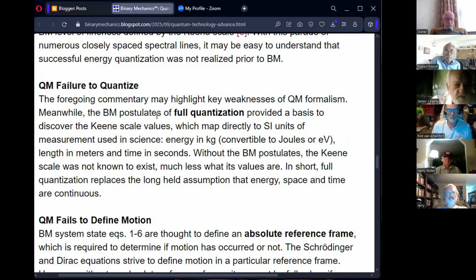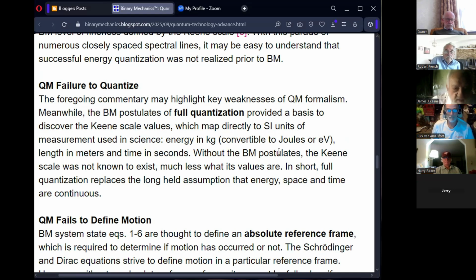Meanwhile, the BM postulates of full quantization provided a basis to discover the Keene scale values, which map directly to the SI units of measurement used in science, namely energy in kilograms convertible to joules or electron volts, as you may like, length in meters, and time in seconds.